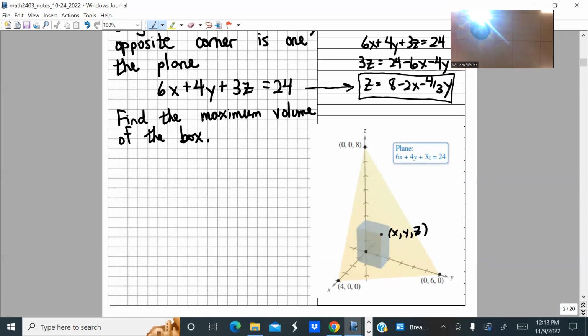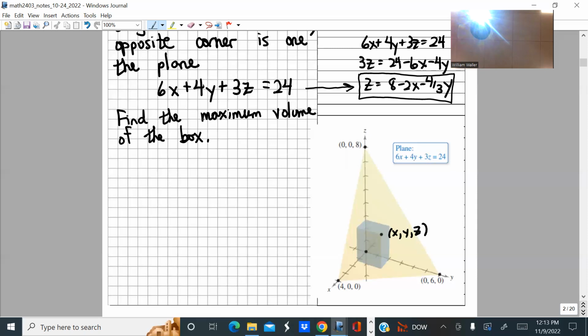So it wouldn't have any volume. It would have volume 0. Or if you put this point here, I think the same thing happens, right? You get volume 0. So these three points are not really candidates for a maximum. This looks like a much better choice, whatever that point happens to be, but maybe we need to shift that up or over a little bit, right?